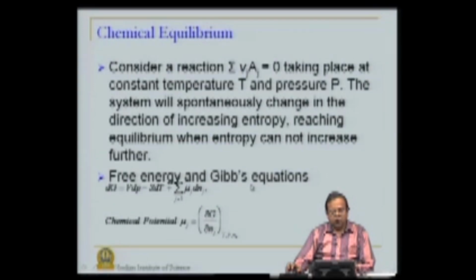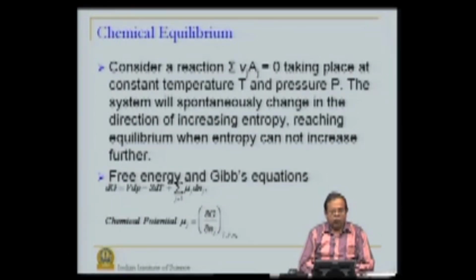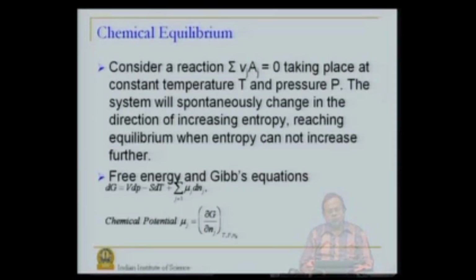So, the question now is, how do we use this information? Let me step back and ask what information we are looking for. The example which we saw a few minutes back showed us that as the reaction proceeds, first there is a change in the number of moles of various species, but after some time saturation is reached.